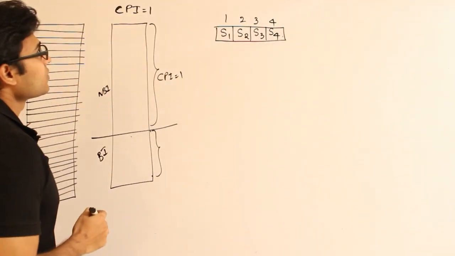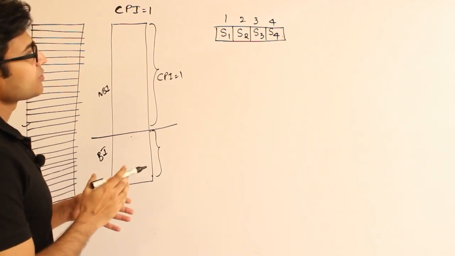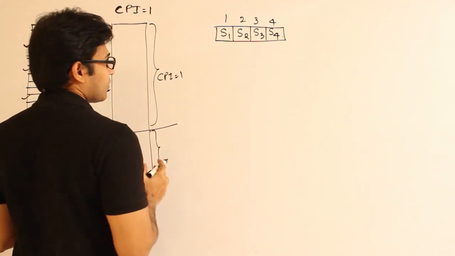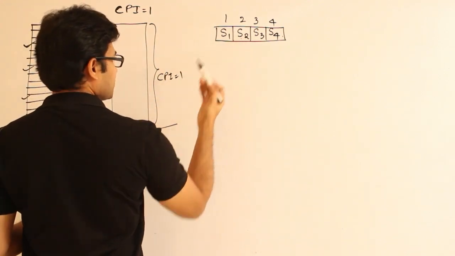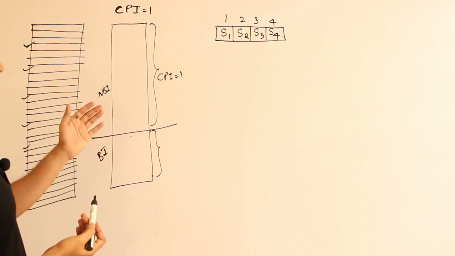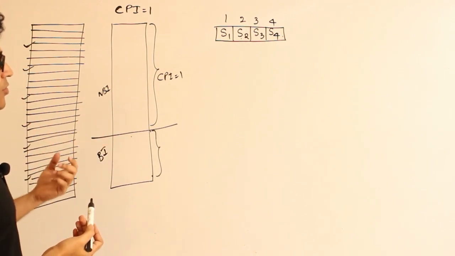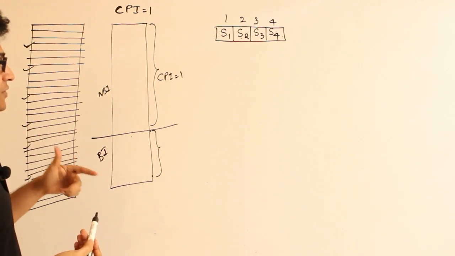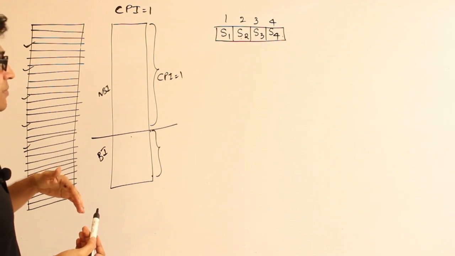Okay, let's put it another way. Assume that the result of the branch instruction will be known at the end of S2, which means after I execute stage 2, I will be able to find out exactly what the next instruction is, whether the branch has happened or not.